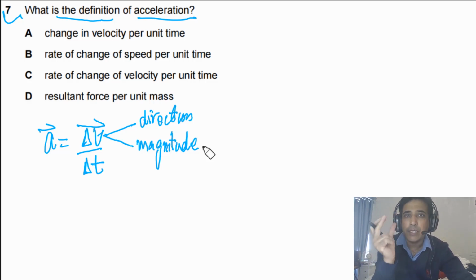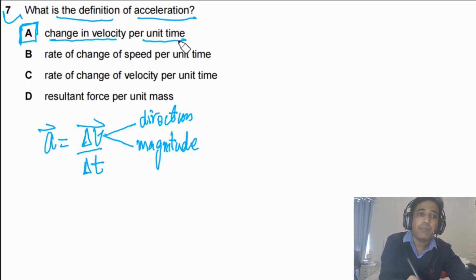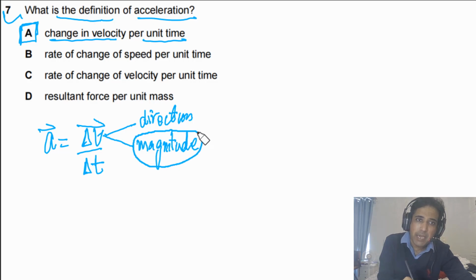So how can we define acceleration? Acceleration is the rate of change of velocity, or change in velocity per unit time. If you look at the given options, option A is correct because this is change in velocity per unit time, but this is not the rate of change of speed. This is only telling you one part, that the magnitude is changing, so this is not a complete definition of acceleration, and it is incorrect.